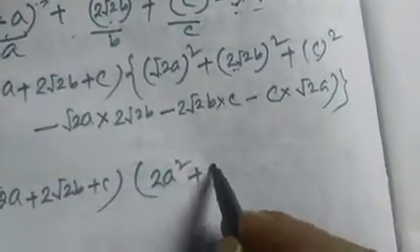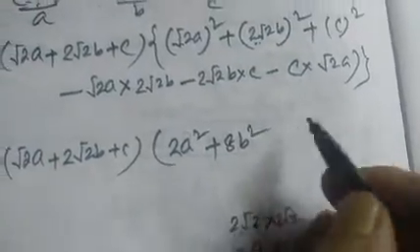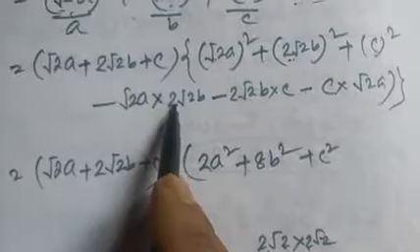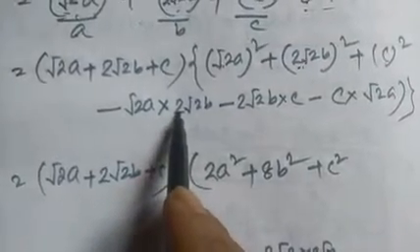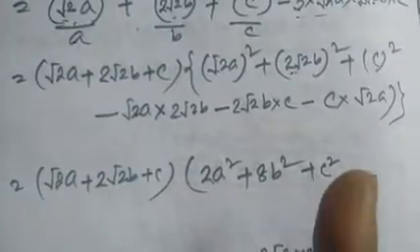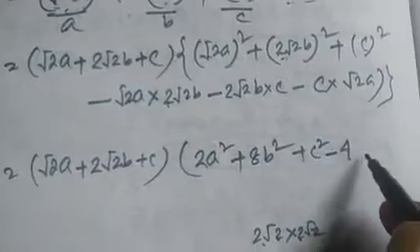So 2 root 2 whole square gives you 8b square. Then c square is c square. Here 2 root 2 into root 2, root 2 into root 2 is 2, 2 and 2, 2 into 2 is 4.